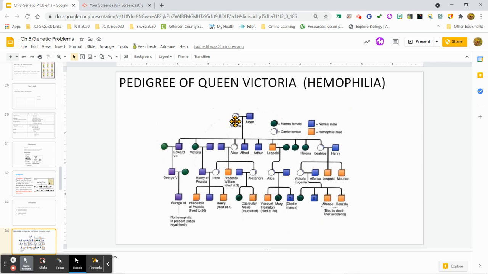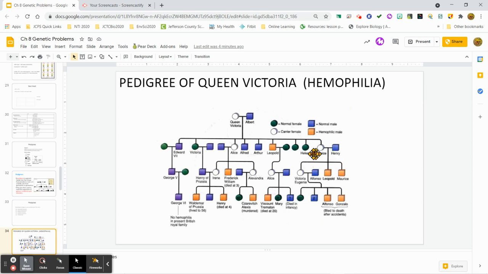So this is what this looks like, and this is hemophilia. And so this is a normal male, a carrier female, which means she is heterozygous. So only the females are going to be heterozygous because the males only carry one.